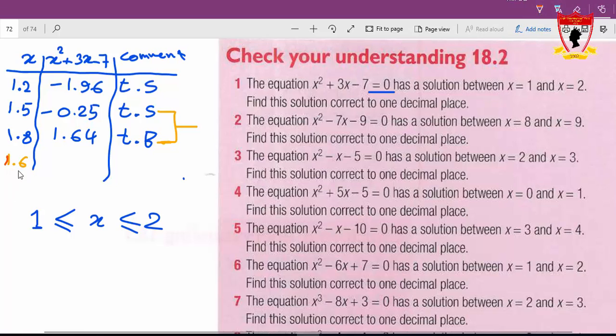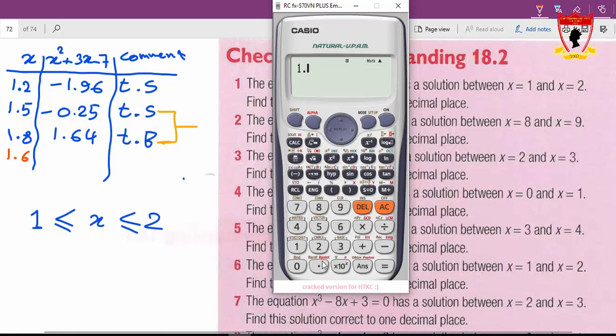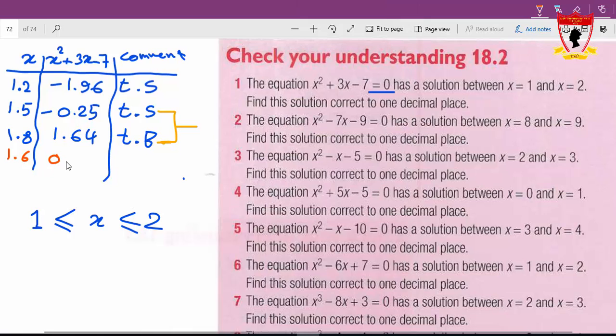Now 1.6 squared plus 3 times 1.6, then minus 7. This is equal to 0.36. So it's too big. We got too big twice, so we're going to ignore this one.